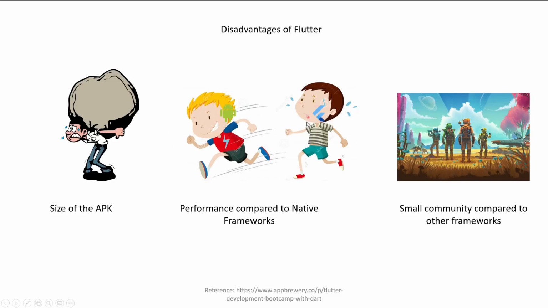Also, the performance, or how responsive a Flutter app is, is a little bit lower than the native app, because there is some underlying code which converts the Flutter app into its native language, so it takes some time. So it's relatively slow compared to a native app.